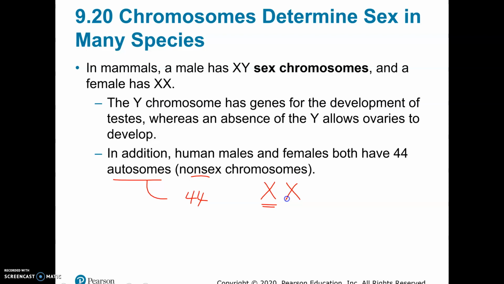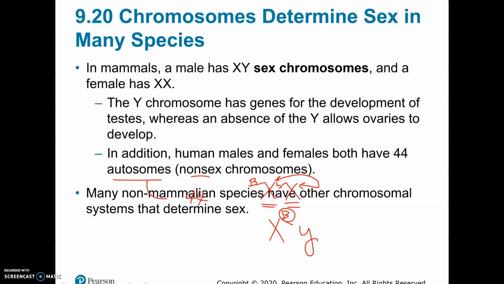Well, that would mean that a female, since she's XX, would have 2 copies of that gene, if the gene is B, let's just say. But a male who only has one X, he would not have 2 copies. He would only have a single copy of that gene. So this is going to make a big difference when we go to do a cross, if we cross males and females and a gene is on the sex chromosomes.